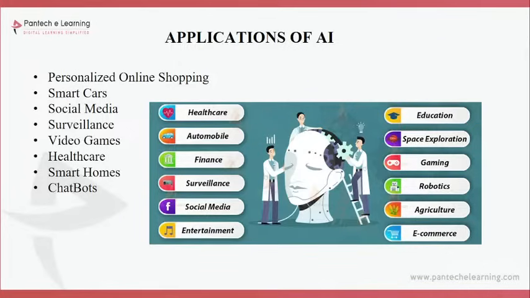When we say AI, we think about robots, because AI is popular because of robots. A robot makes decisions by itself and does the process like a human. These are more popular things nowadays. News readers: we have more AI news readers.